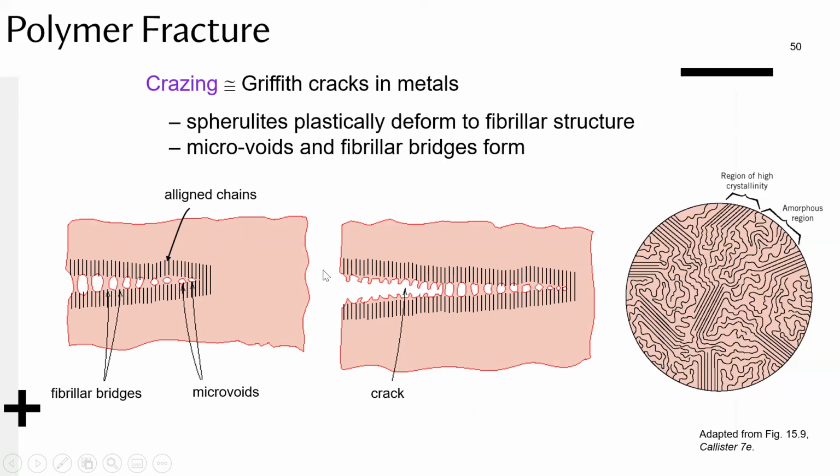It stretches until these crystals expand and can no longer withstand the amount of stress exerted. And so these fibrillar bridge regions can no longer take that load, and they all of a sudden tear apart.